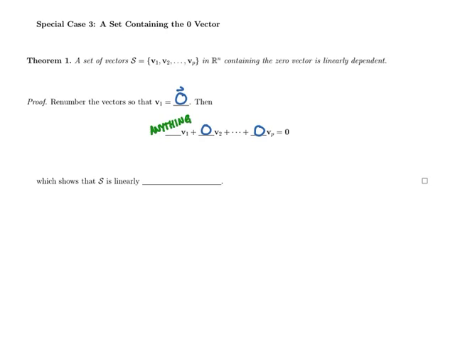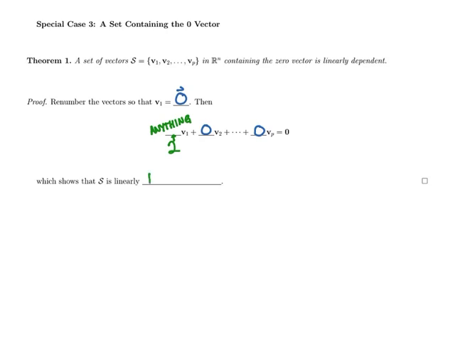No matter what you take times the zero vector, you're still going to get 0 out. So this could be anything. Let's just say this is 0 or 2. And that would be a linear dependence relation because I have something that's non-zero. Note that the anything could be 0, and that would be the trivial solution, but it could be anything that's non-zero as well.